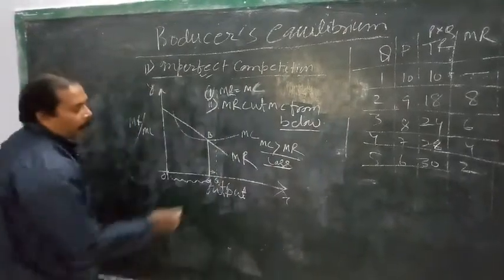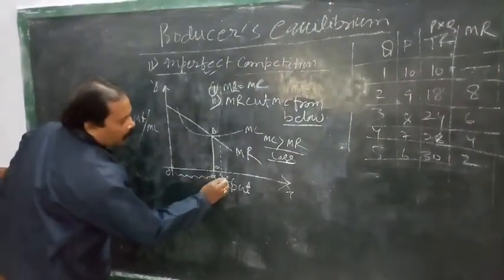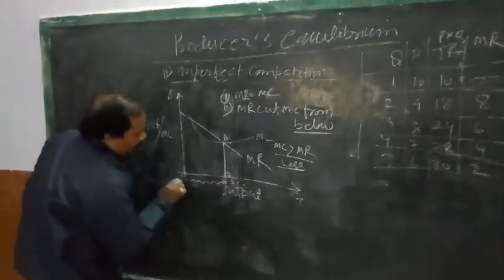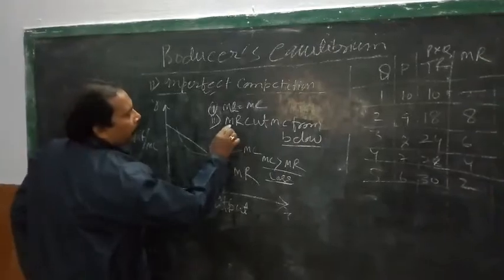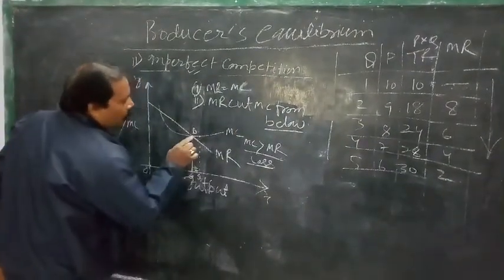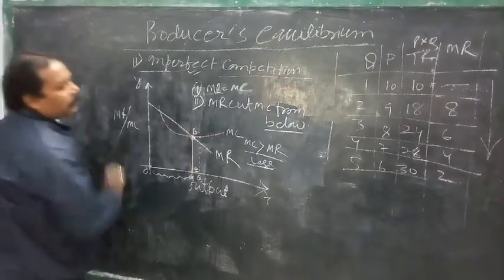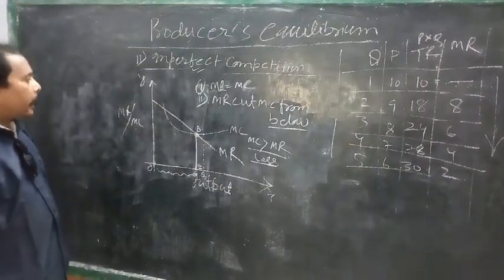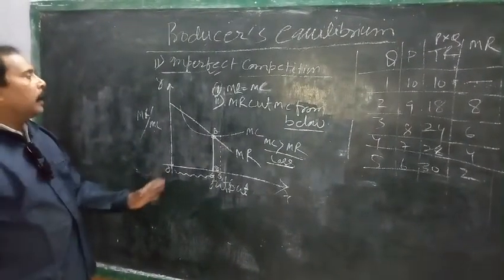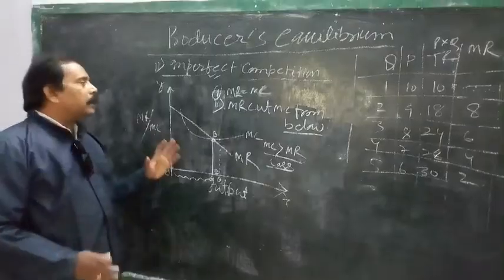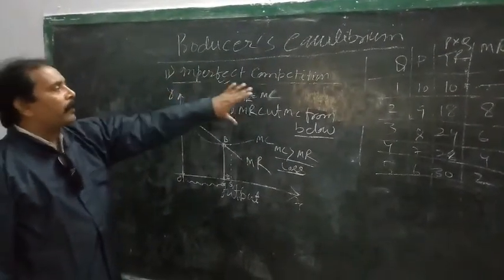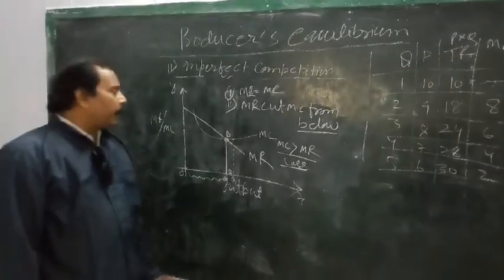So the firm will stop the production of OQ1, and again he will come to the point where MR intersects MC from below. So this point will be considered as the equilibrium point in case of imperfect competition. Other things will remain the same as I have already discussed in case of perfect competition. Okay? Thank you.